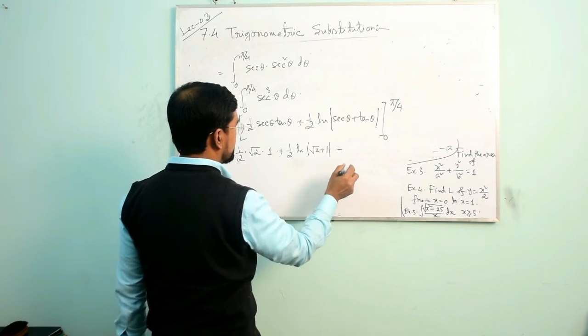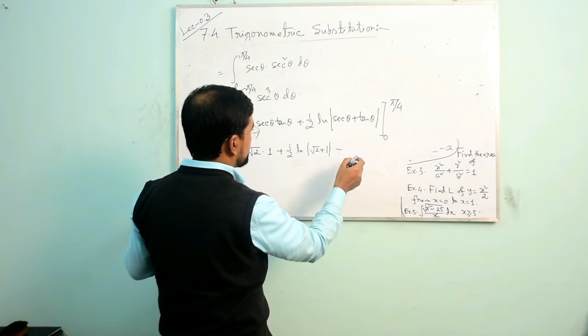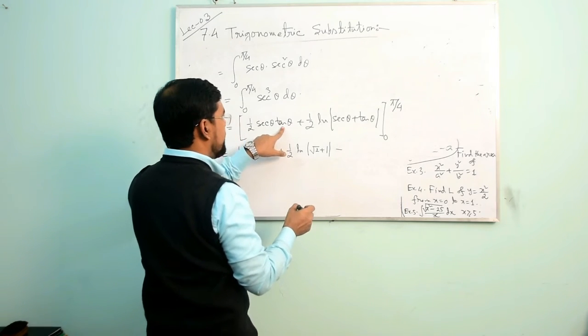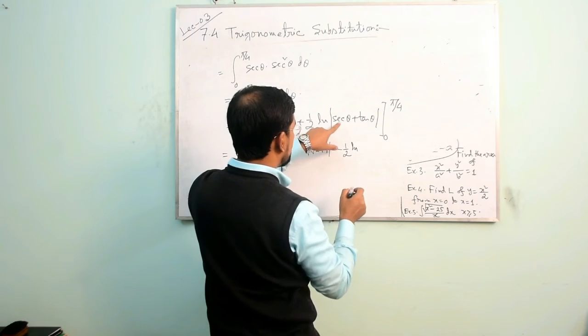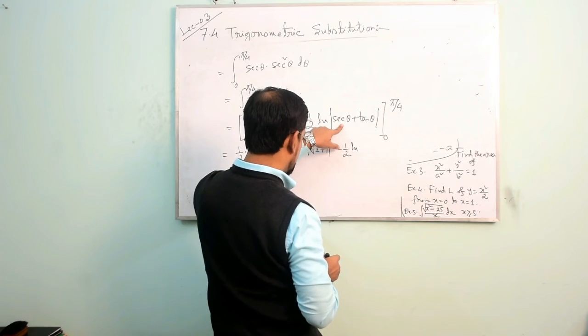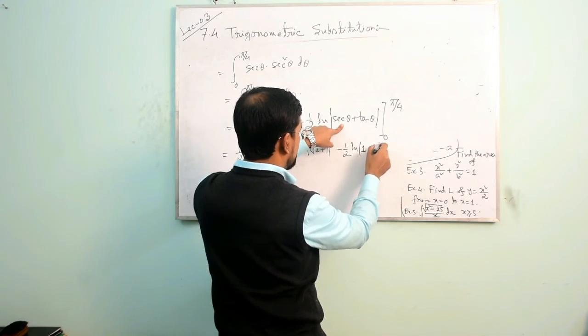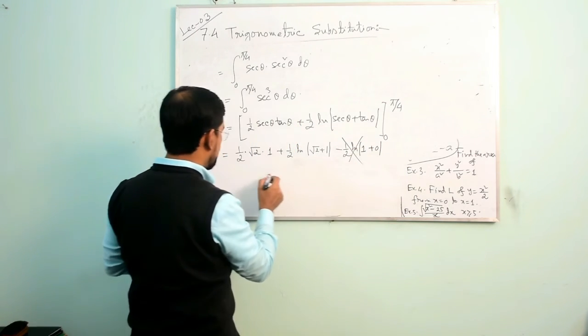Minus, if you put 0, then tan 0 equals 0, and here you will get half ln sec 0, which equals what? 1. Plus 0, and ln 1 equal to 0, so you can cancel this one.